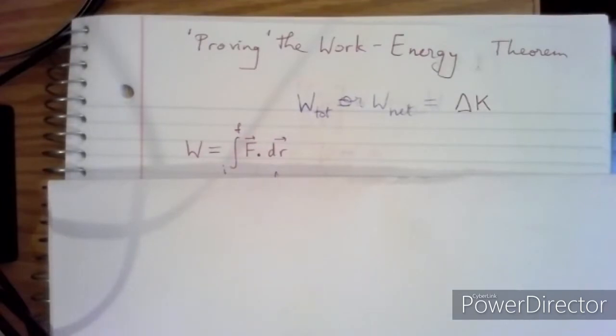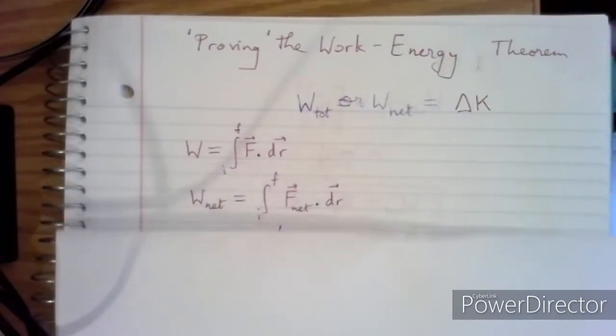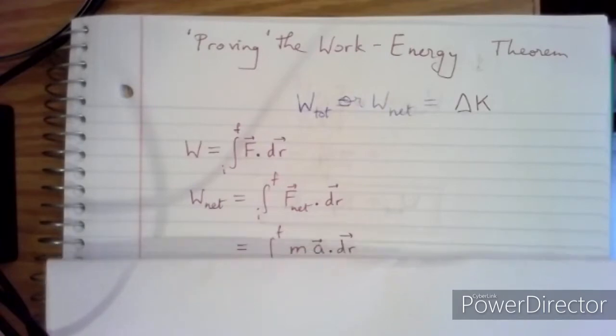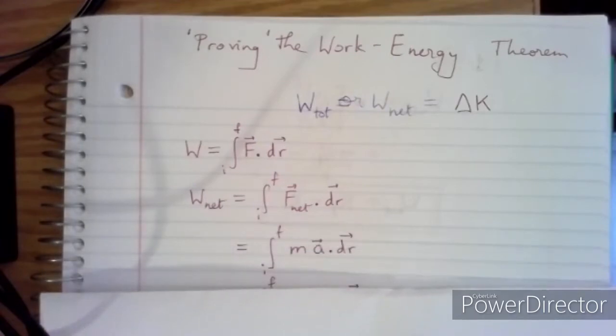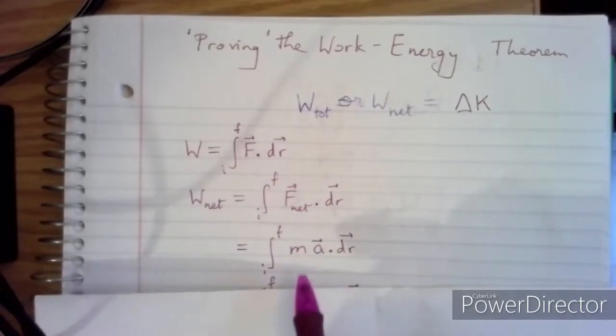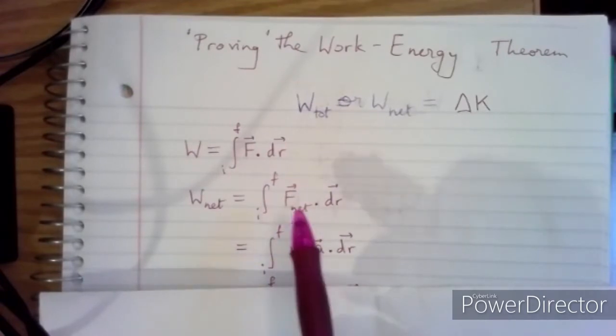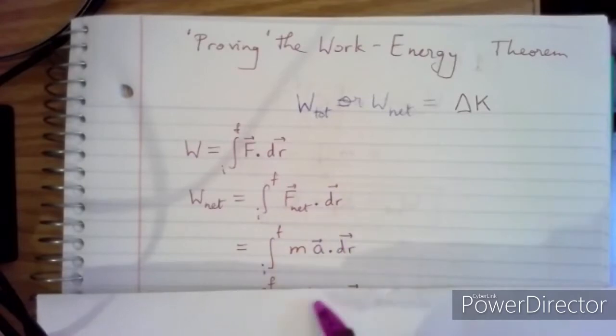Since we are interested in the net work, we will look at the net force acting on the system. However, from Newton's second law, we know that the net force is, in most cases, simply equal to ma. So we've gone from a dot product of F net and dr to a dot product of ma and dr.